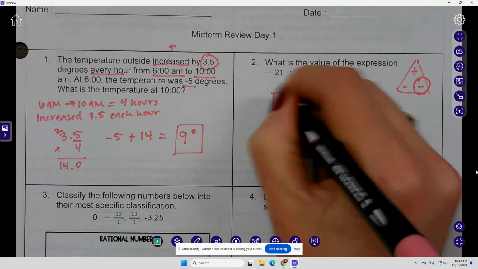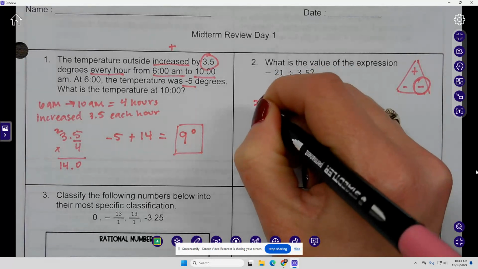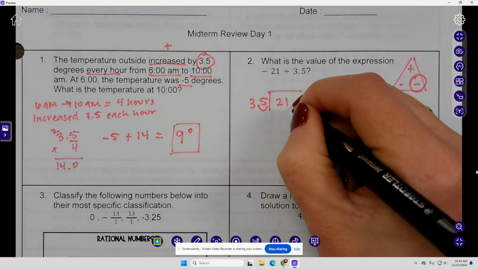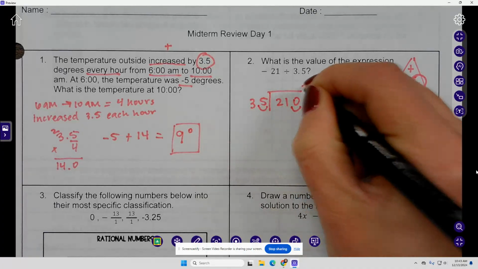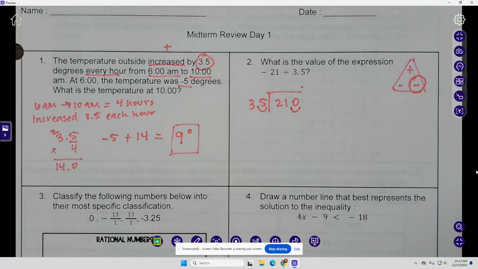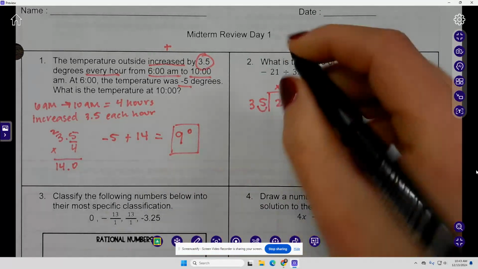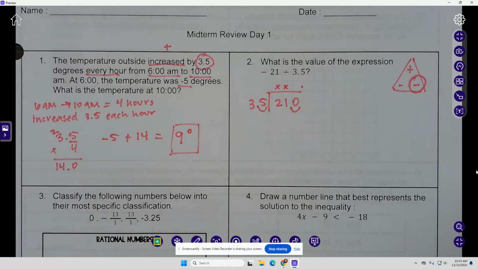So I'm going to divide 21 by 3.5. Now remember, you cannot have a decimal in your divisor, so I'm going to move it 1 to the right. Now that we've gotten rid of that decimal, I can go ahead and divide. 35 can't go into 2, can't go into 21, but it can go into 210.